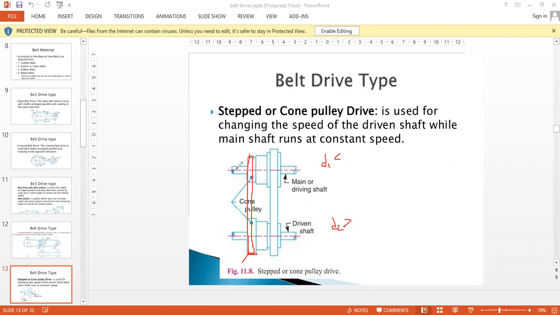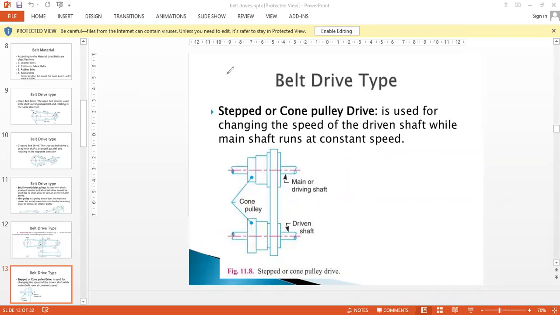So if this makes one rotation, then this would make less than one rotation, maybe half a rotation or something like that, depending upon the diameter. So whenever we want to vary the speed, we can do it only by replacing the belt onto the required pulley. That is why the step cone pulley drive arrangement is required.